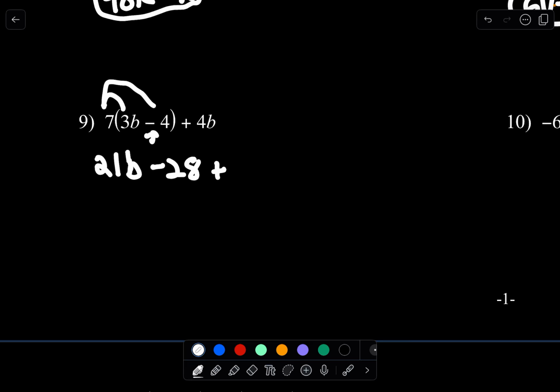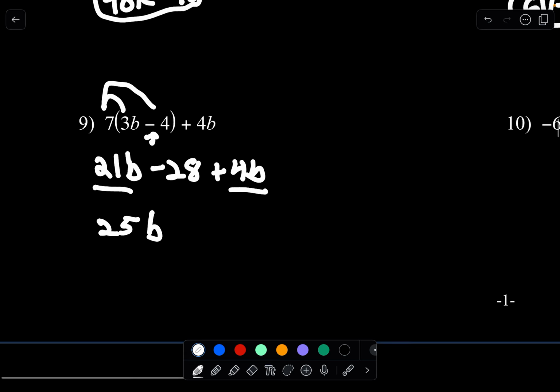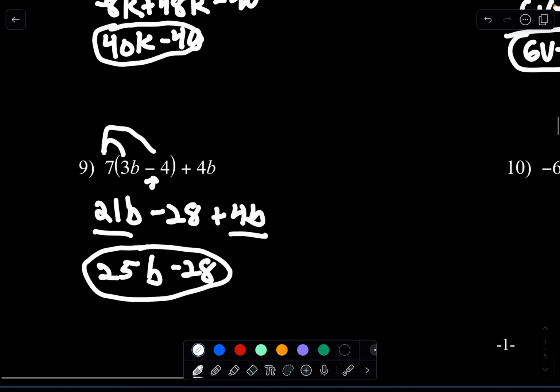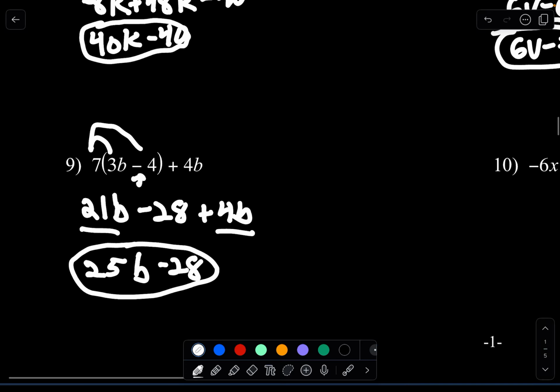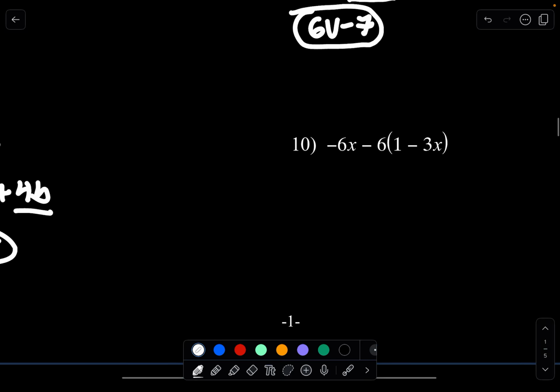And then we have plus 4b. We have 21b plus 4b. They are like terms. You add them. I believe 21 plus 4 is 25. Oops, sorry. 25b minus 28. Okay, notice I'm circling my answers. I want you to circle your answers on the test.